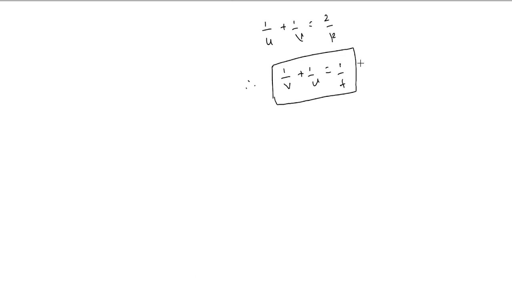Now, even though this was derived for spherical mirror, the same formula can be used for a plane mirror also. That is because a plane mirror is part of an infinitely big sphere. So you can think that any straight line is part of an infinitely bigger circle.